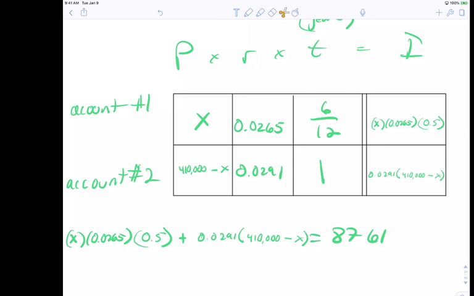So now we have one equation, one unknown we can solve. How do we get rid of the decimals? Multiply left and right by 1,000 in this case, right? Because of the 3 decimals. So we're going to multiply the left side by 1,000 and the right side by 1,000. Oh wait, 1,000's not going to work. 10,000, right?